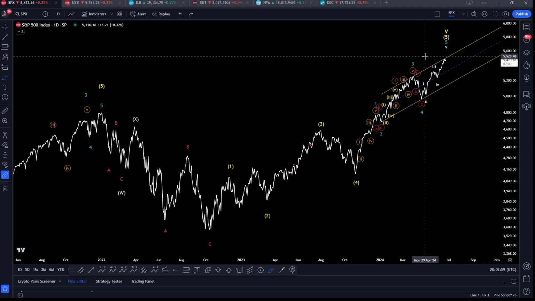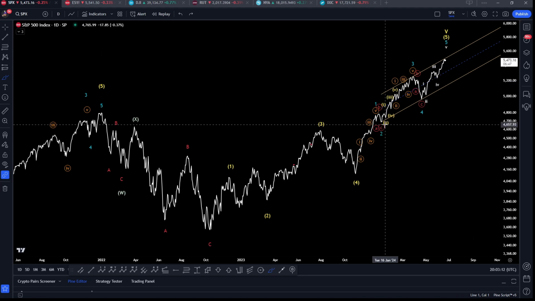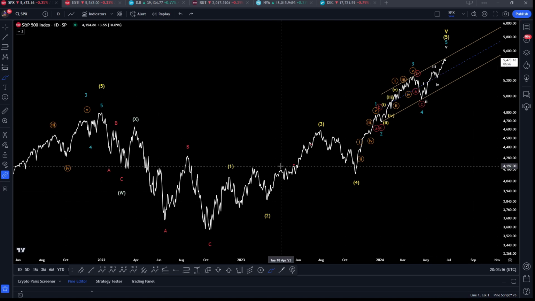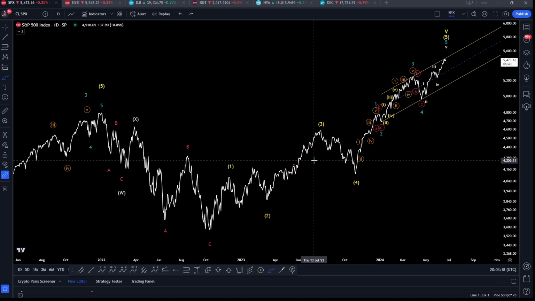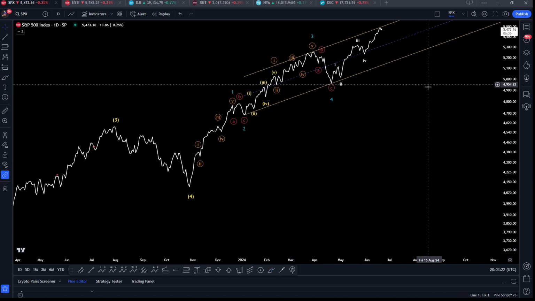Most impulse waves contain one and only one extension. The rest either have no extension at all or 2. Most impulses have 1. That's what we have here, an extended 5th wave. So a major turning point is upon us and we need to pay attention.